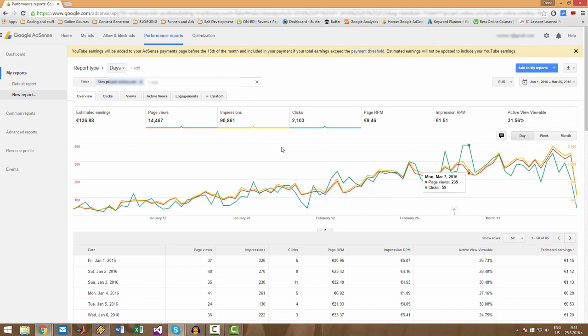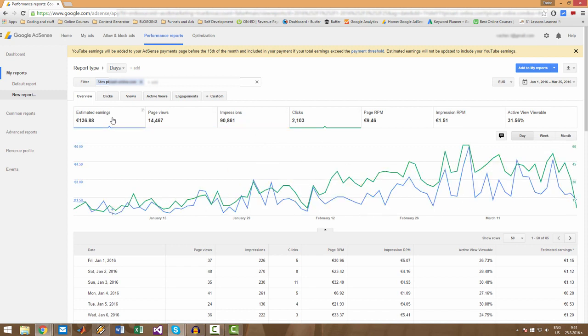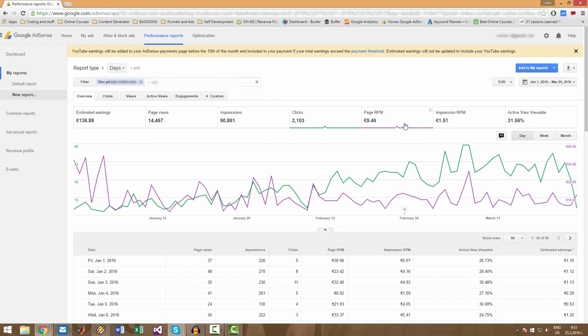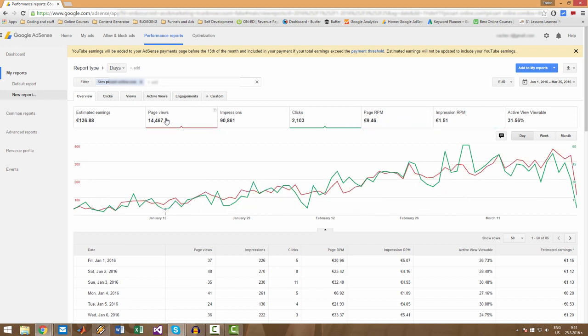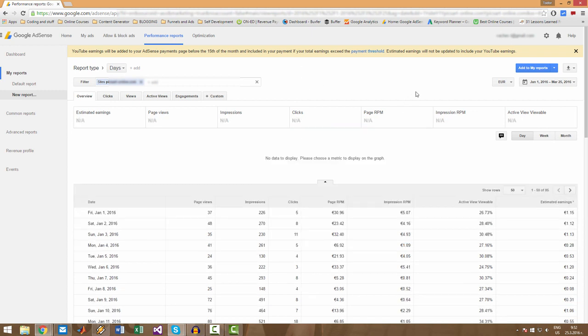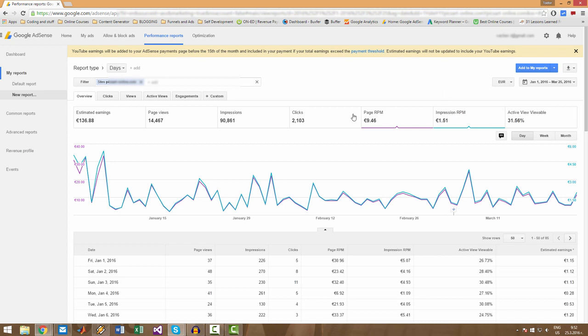So let's go to the clicks. The clicks are usually tied with nothing. As you can see, none of the other graphs looks like the clicks. They're not tied to anything. So you simply can see, are your clicks over this time rising or not? The other thing that looks alike is the page RPM and the impression RPM. It's pretty much the same as the page views and the impressions.